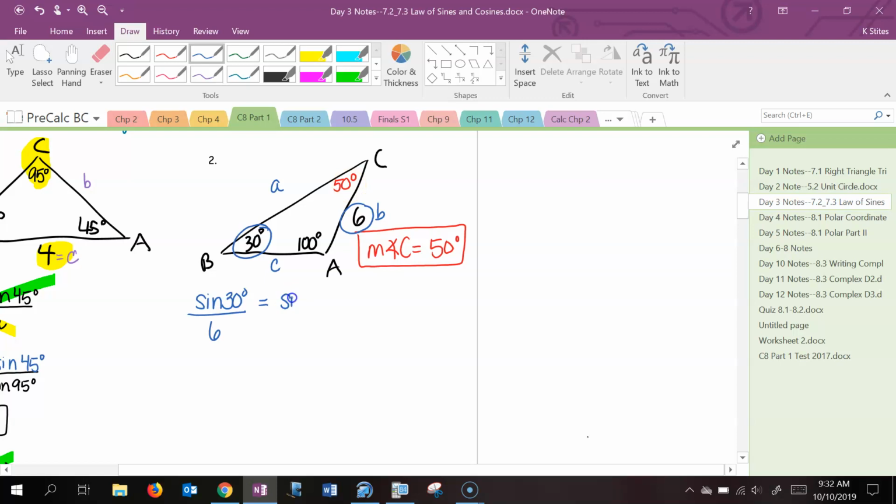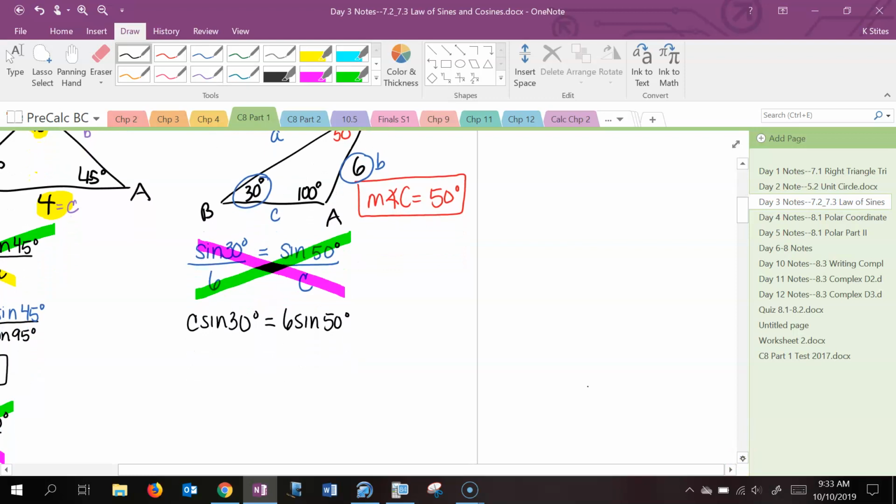I'll do my angle C over side C, cross multiply. So I lost a degree symbol there. Okay, and then we will divide by sine 30.